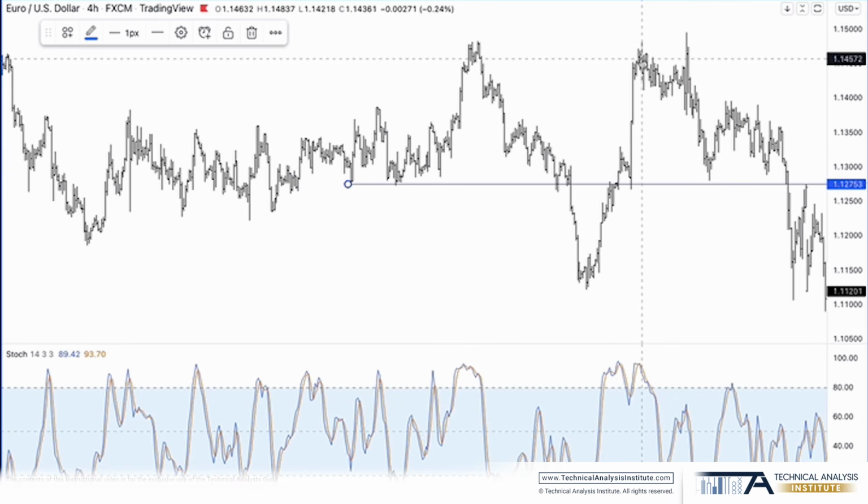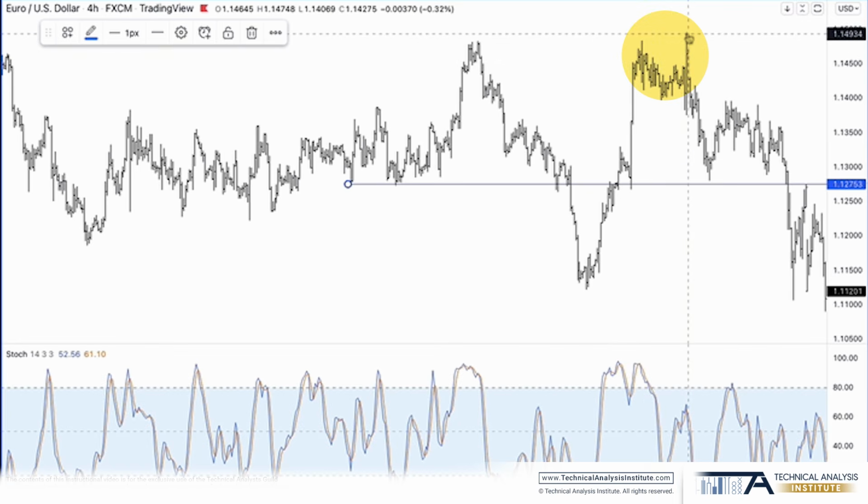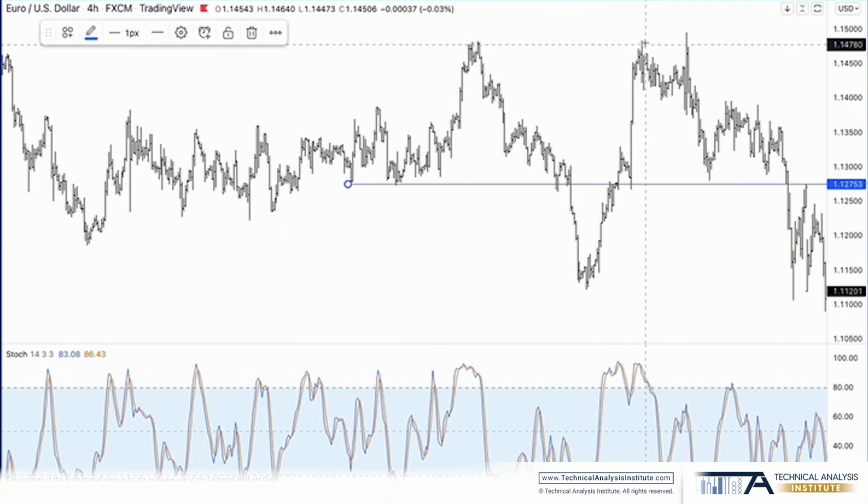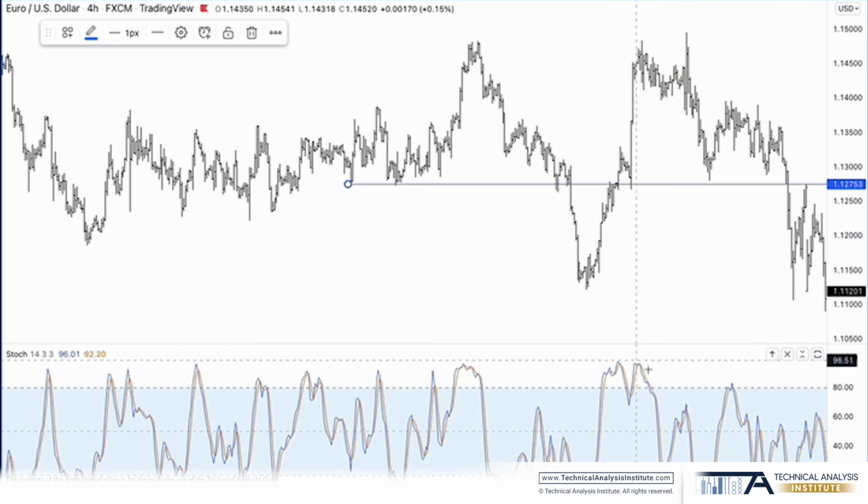Okay, what happened afterwards? Markets made a new high here. Stochastic could not do that, so you can see here the stochastic is in the overbought area together with this high, but this high, which is higher than this high, is not confirmed by the stochastic. The stochastic is actually lower, so that produced a divergence.